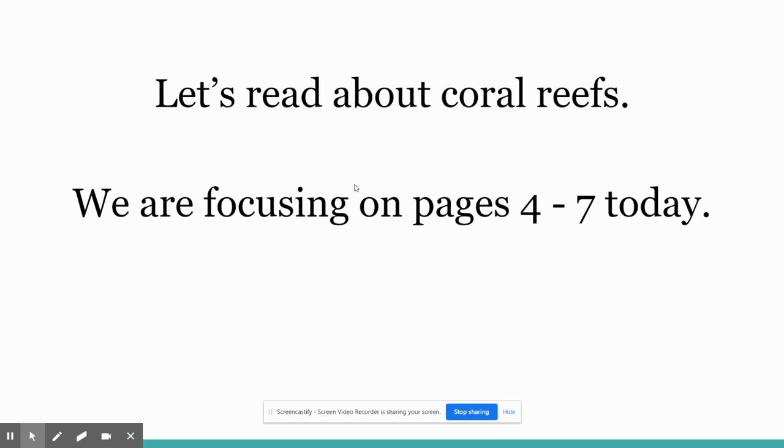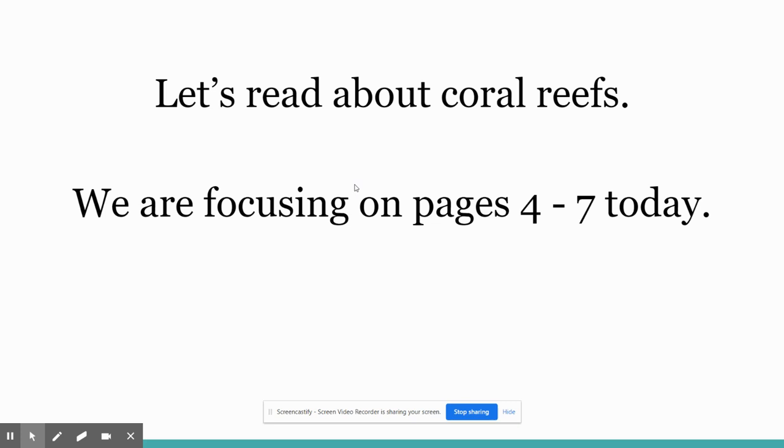Now, scholars, before we turn to page 6, I again see two photos on page 5. Each of them has a caption describing what's in the photo. That first photo, here's the caption. Polyps open their tentacles only at night to catch food.